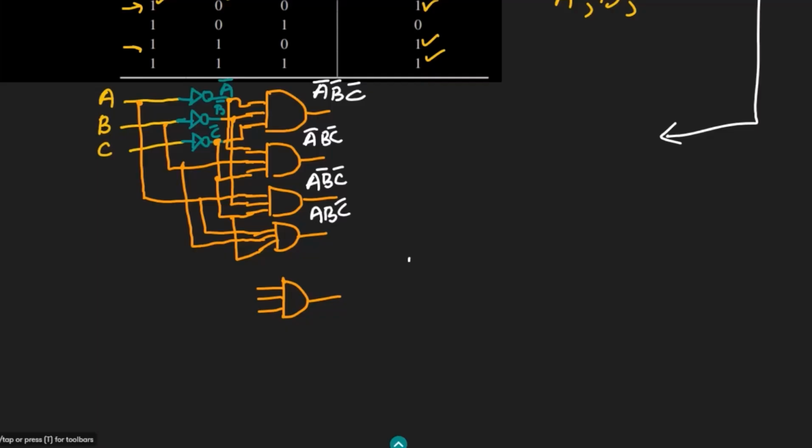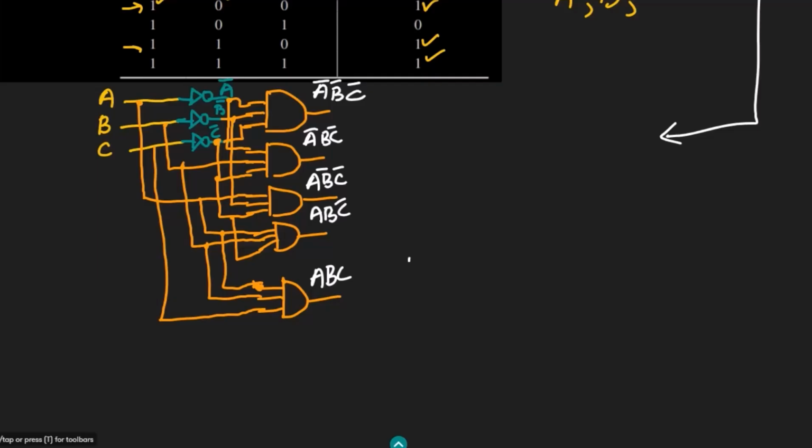So A is again here, B is from here because these are uncomplemented, and C is here. So the output of it will be ABC.